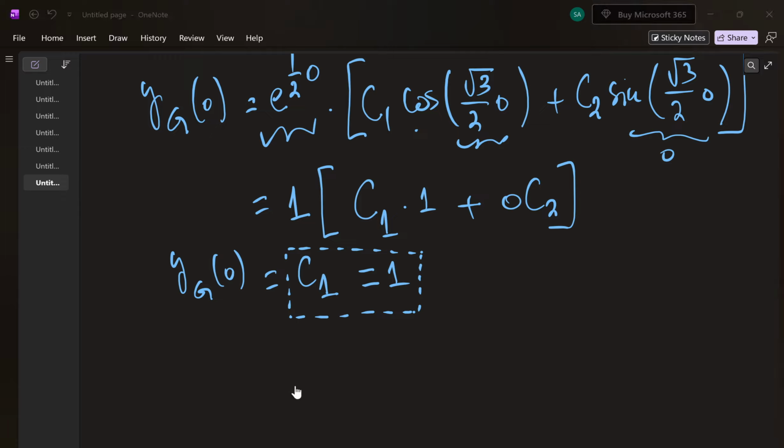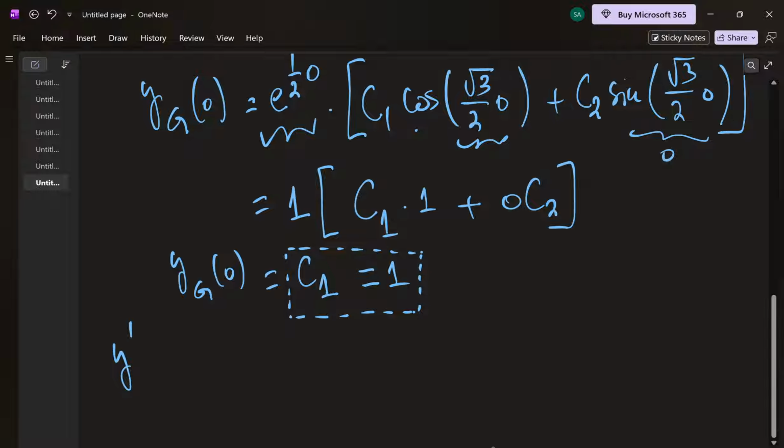So now we compute the next constant. So we compute g prime.